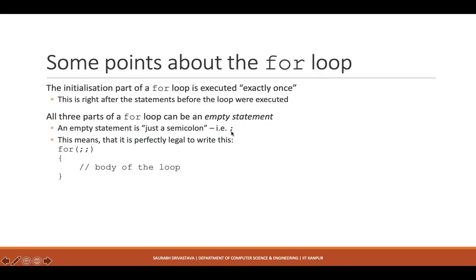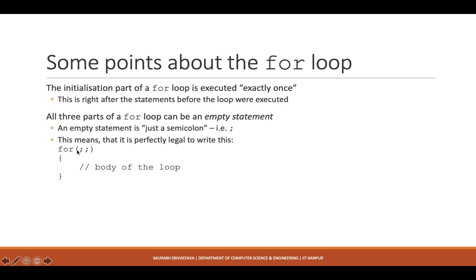If you put simply a semicolon, with nothing on the left side of the semicolon, that is considered an empty statement. Now what this means is that you can actually have something like this. So I should not say all three parts. They are basically all three slots, right?